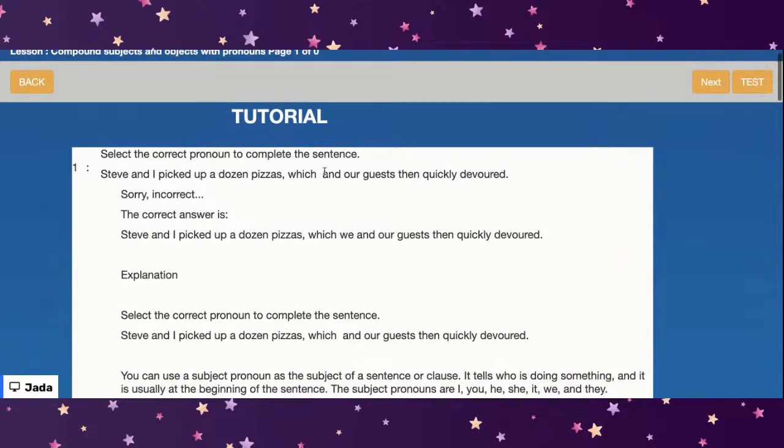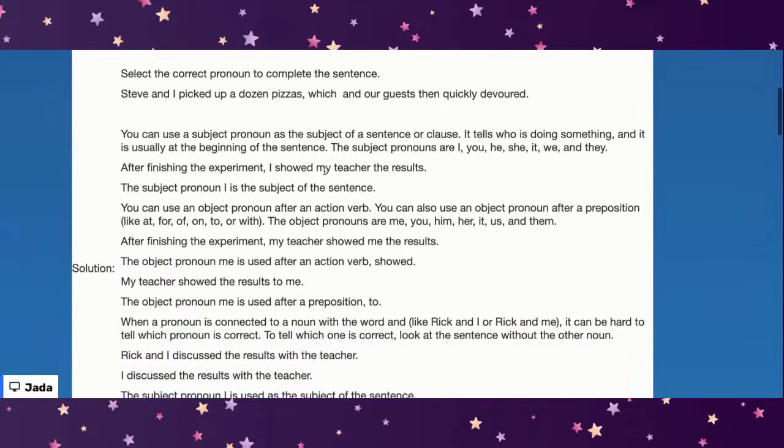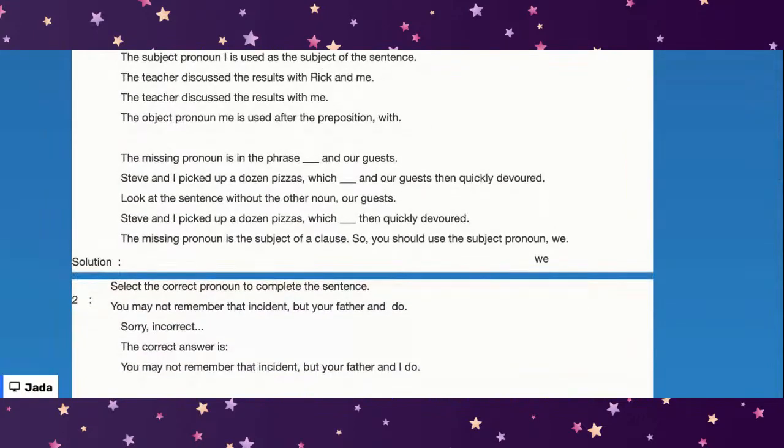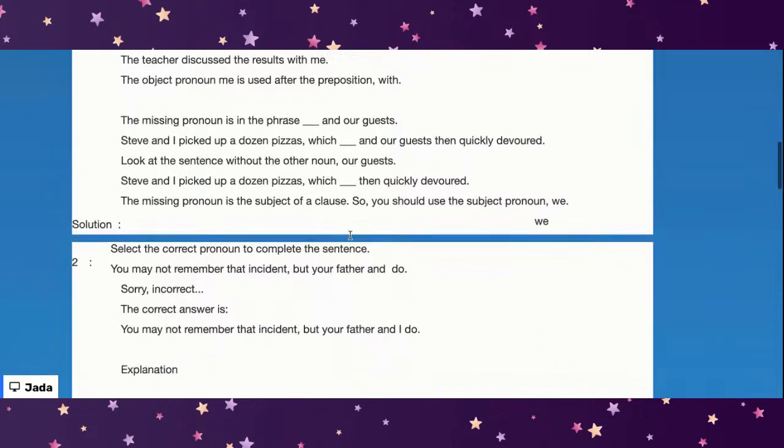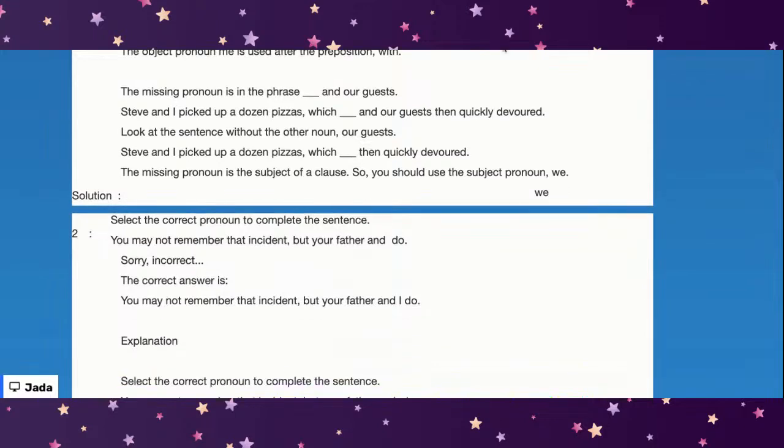So which would be the right one here? It's we. Now, is it I or we? It's talking about guests. Remember, we have a different list of subject pronouns, so it's not only I right now. It's talking about we, which is the plural, because it's talking about so many guests, not just one.